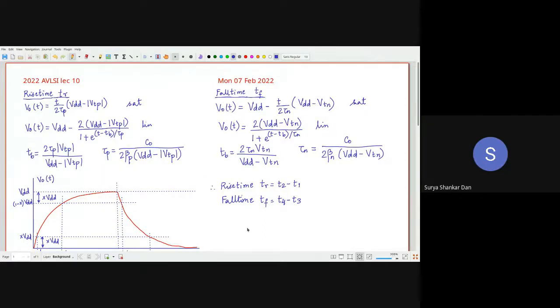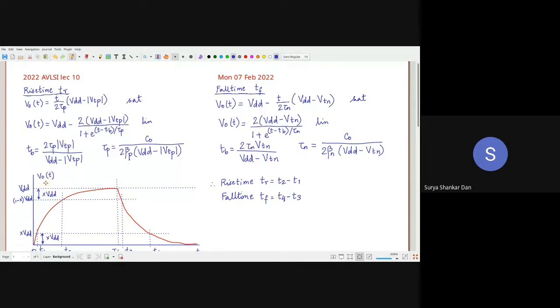All right, so welcome to the concluding lecture on the rise time and fall time calculations. Until now, we have already seen the variation of the voltage with time. Voltage, that means I'm especially referring to the output voltage. So this is VO as a function of time t on the x-axis.